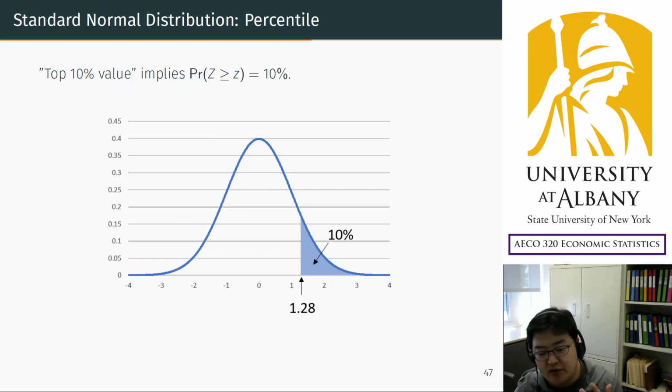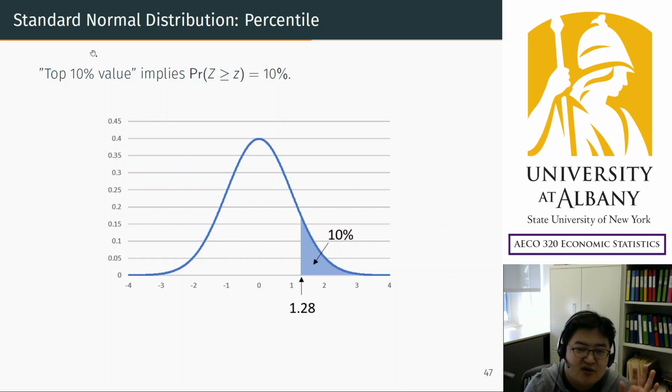So depending on which side you are calculating the probability from, you may express that as 90 percentile or top 10%. So it can be confusing, but if you think about that carefully, then it shouldn't. It's quite straightforward. So this is what we get.